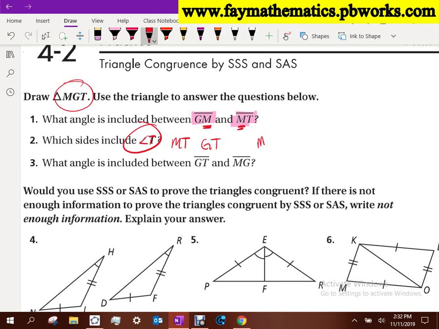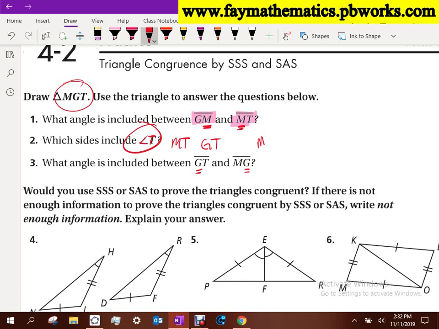And that last one, using that idea, what letter do they share? G is in both of them, right? So those questions can be answered regardless of having a picture.